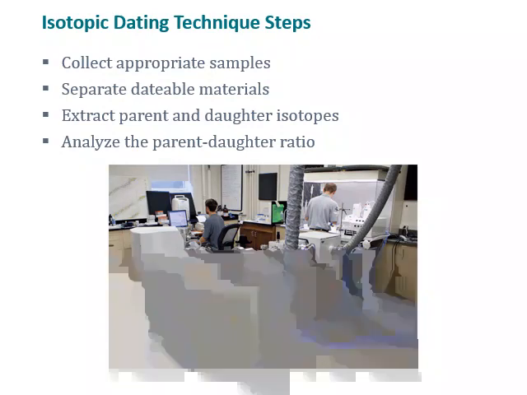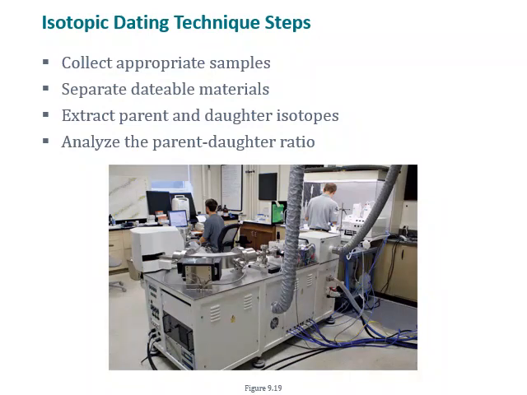The instrument on the bottom is known as a mass spectrometer, which ionizes certain isotopes through a laser or by introducing a gas, and sends those ions through a chamber that allows them to be counted based on their mass.